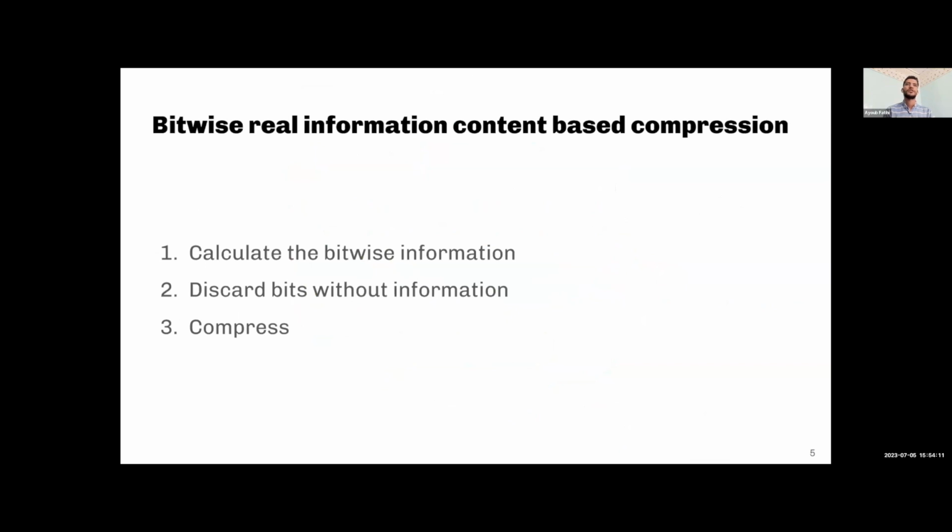So the bitwise real information content-based compression is done as follows. The first step is that the bitwise information, that is the mutual information between the bits, is calculated. A bit position contains more real information the stronger its statistical dependence on the adjacent bits is.